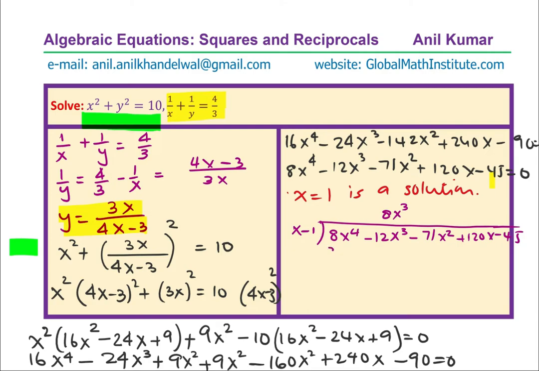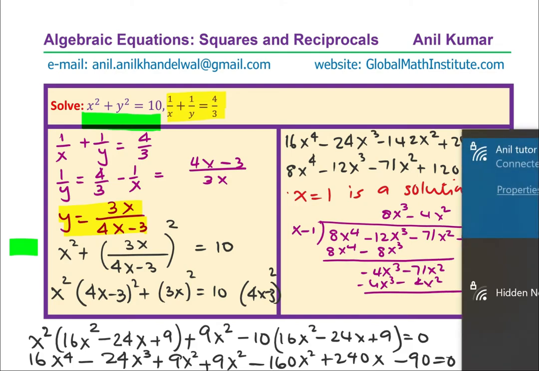So that gives me 8x to the power 4 minus 8x cubed, and that leaves minus 4x cubed minus 71x squared. So now we can do minus 4x squared.